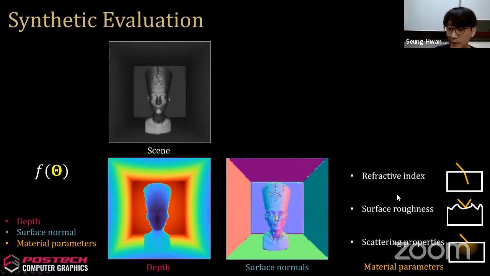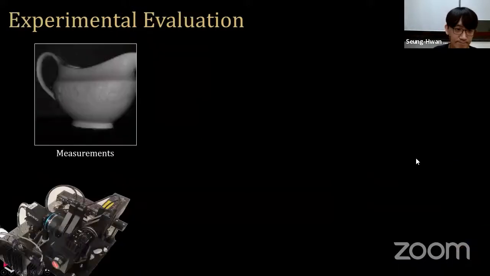I'm going to skip the details here, but what I want to tell you is that our temporal polarimetric BRDF model provides the link between these scene properties and our measurements. By using that, we can estimate these properties inversely based on a gradient descent based method.